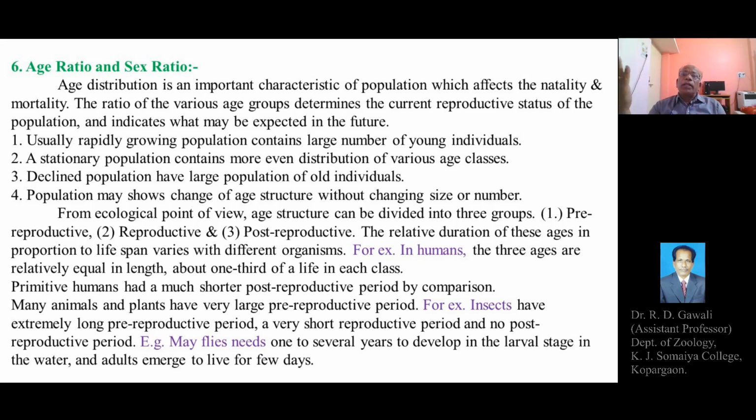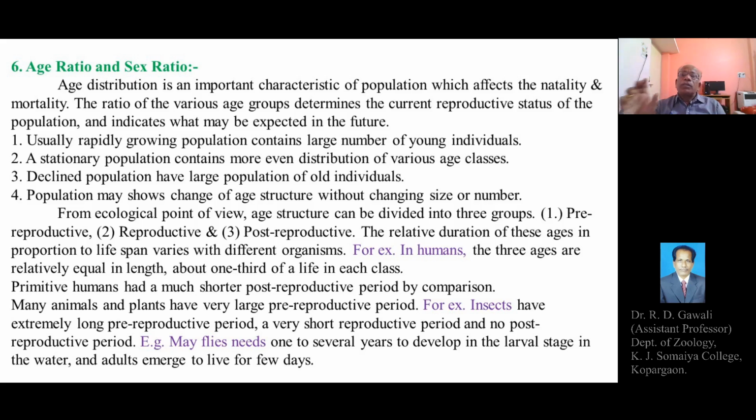So in each age group, the time is one third of the total lifespan. For example, as we explained last time, consider a human lifespan of about 75 years.